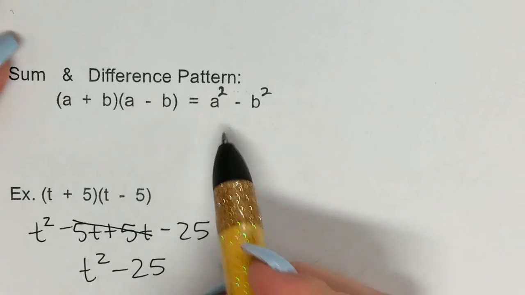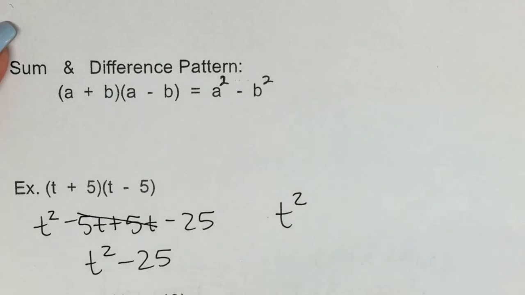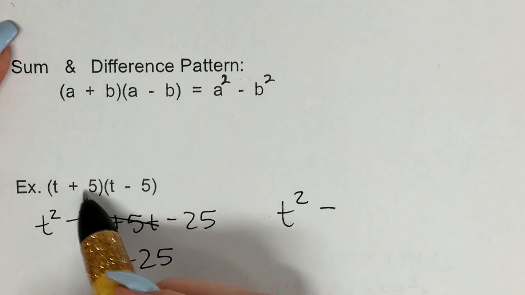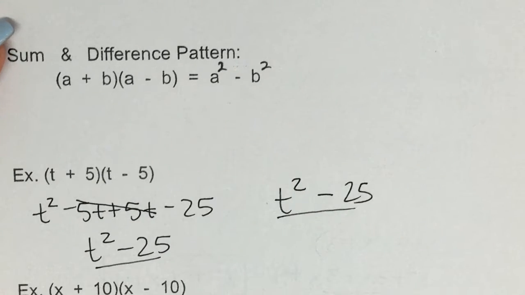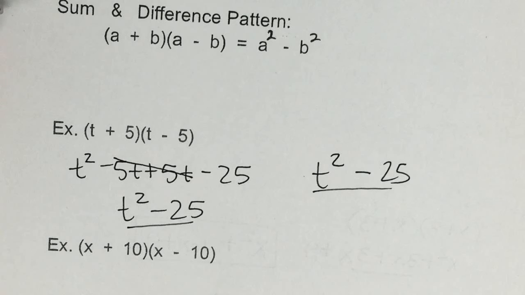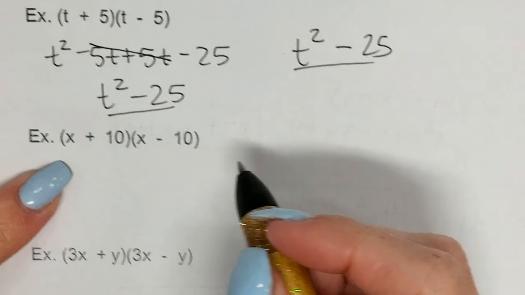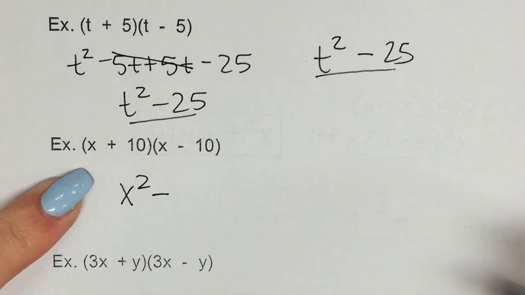So if I would have used this rule, it says take the first term and square it, which is t squared, and then minus the second term squared. 5 times 5 is 25. I got the exact same answer. Because when you do FOIL, the outer and inner, the 2 middle ones, are going to cancel out. All right, so this one would be x squared minus 100.